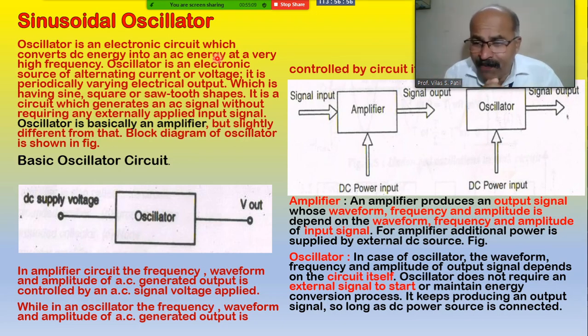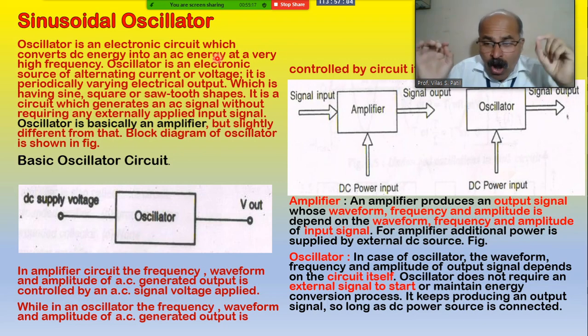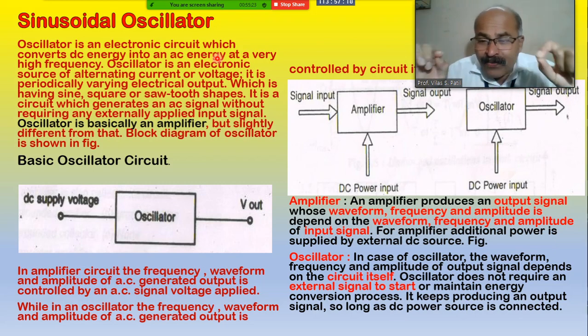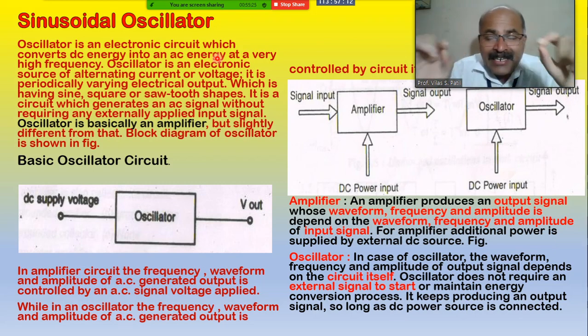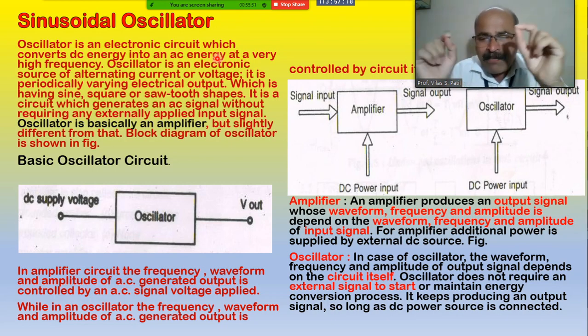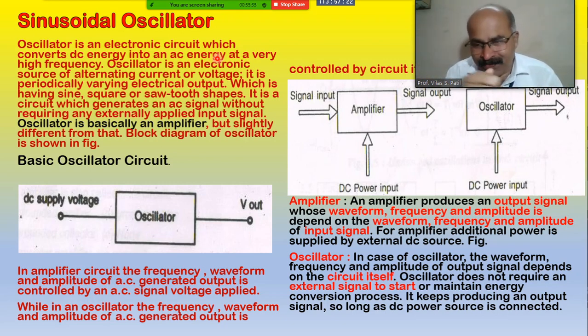In full wave rectifier, two diodes are used, and in bridge rectifier, four diodes on four sides of the rectangle are used.